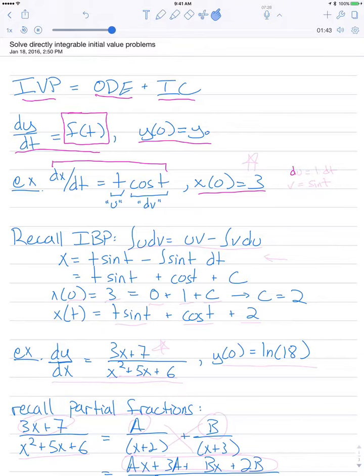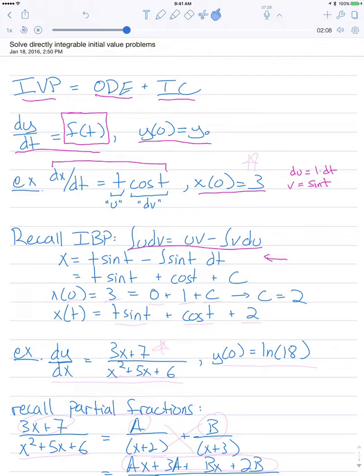With those choices, du is 1 dt, and v is equal to sine t. The integration by parts formula says that the integral of u dv is uv minus the integral of v du. Substituting, that gives us x equals t sine t minus the integral of sine t dt.